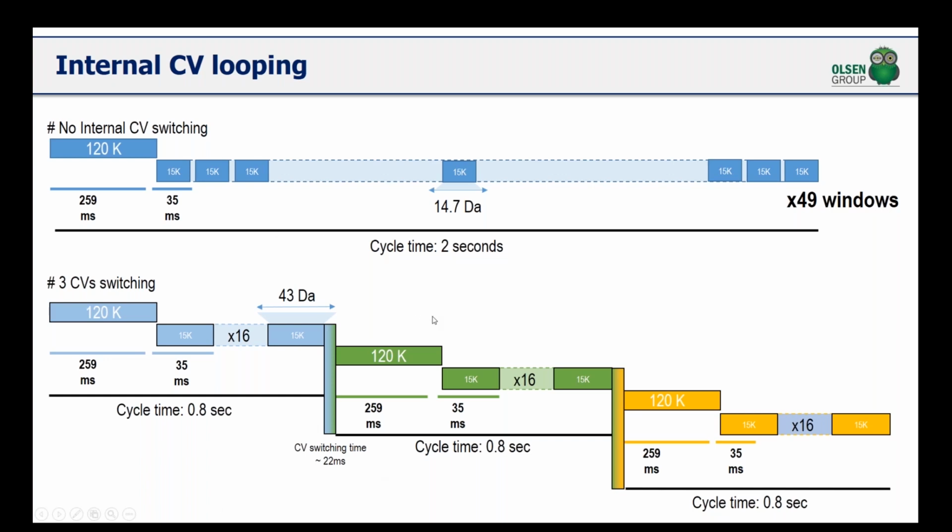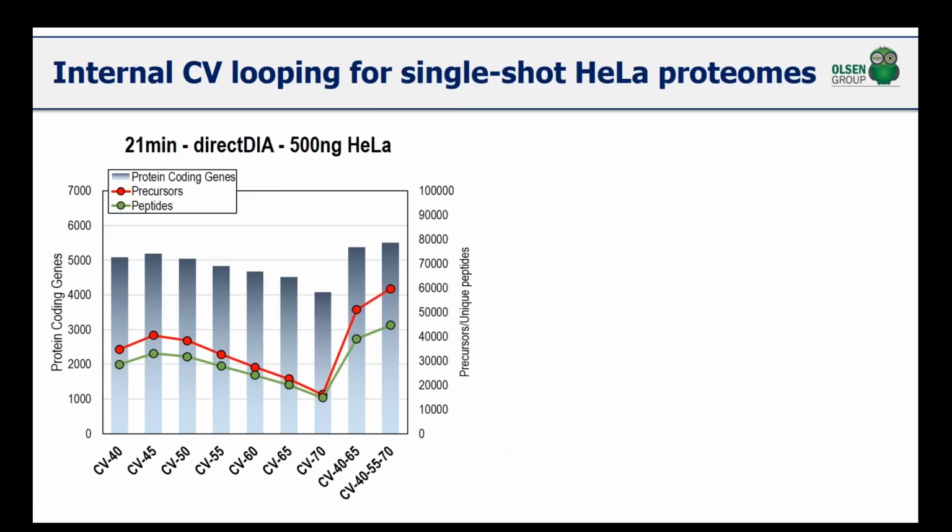So where we would normally have roughly 15 Dalton windows with small overlaps with single CV analysis, when we go to 3 CVs, we have to broaden the windows up to 43 Dalton and only go through 16 windows for each of the 3 CVs that we are switching between.